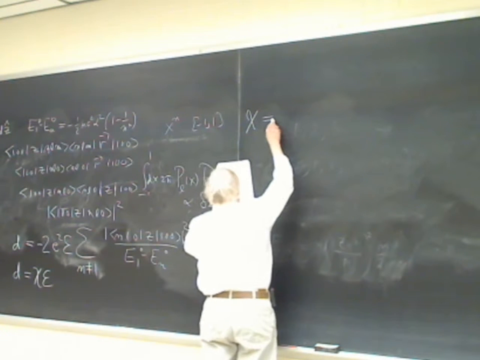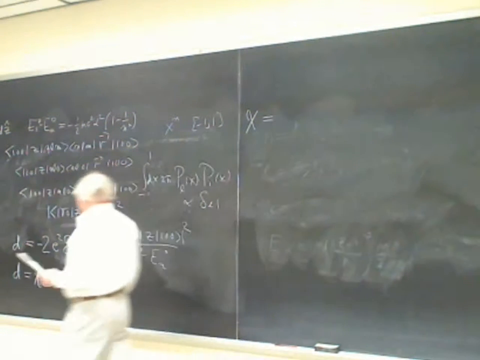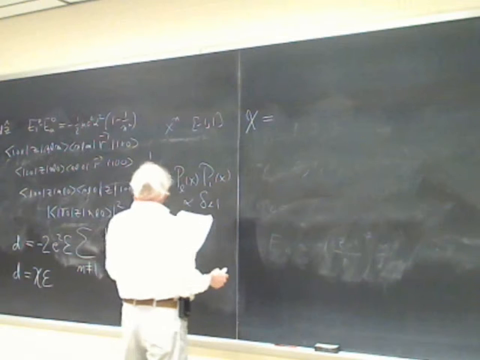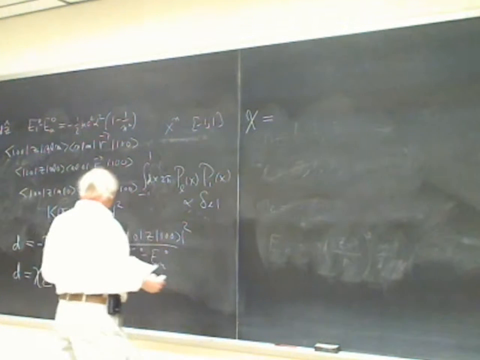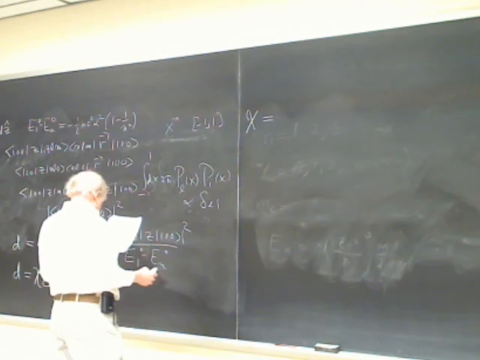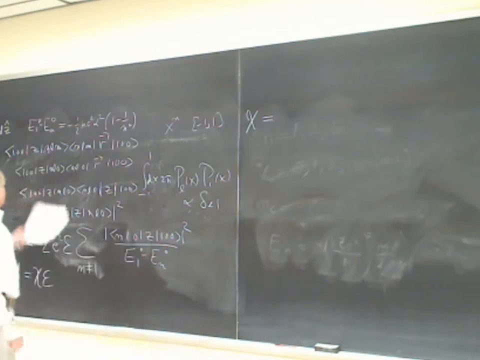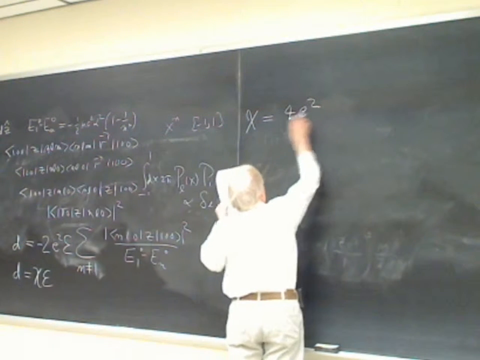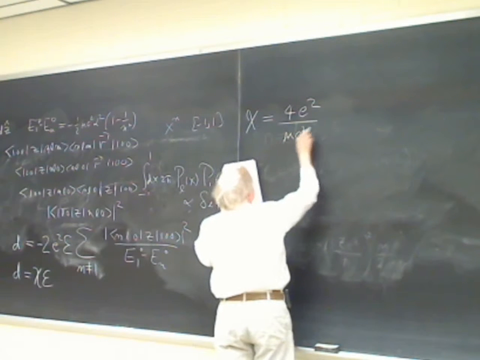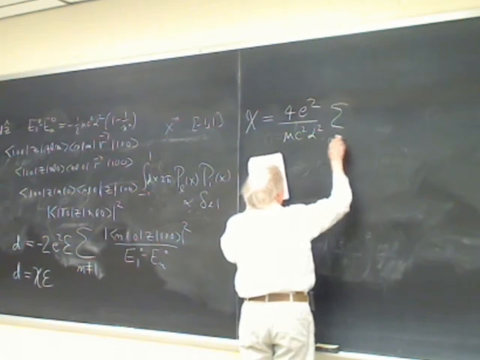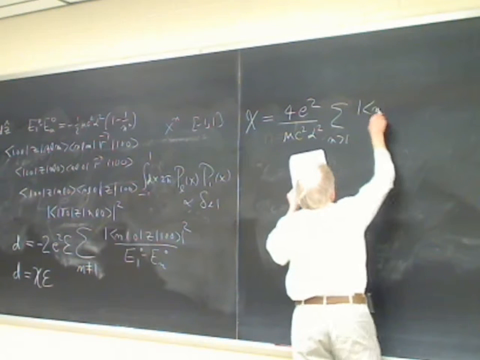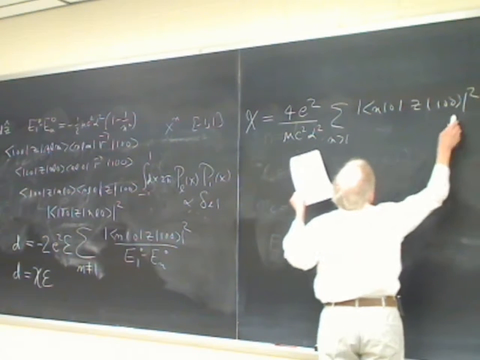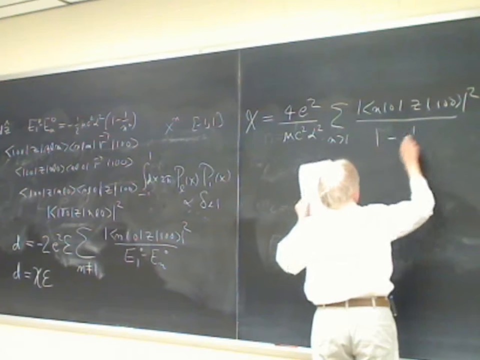So the electric susceptibility then, when we take into account this factor of 2 and that factor of 2 and the minus sign, the minus sign here cancels that minus sign. Okay, so anyway, you guys can do your arithmetic better than I can. It's 1 over mu c squared alpha squared, sum over n greater than 1 of |<n10|Z|100>| squared over 1 minus 1 over n squared.